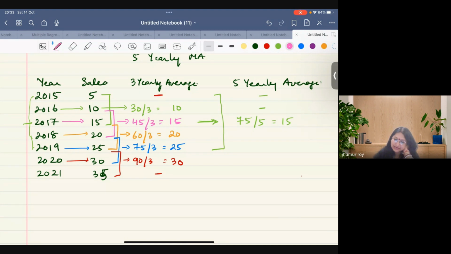Then we come to the second group. The second group will go from here till here. Now, please tell me the value for the second group. So you're taking from 2016 to 2020. This is the second group. What is the value?